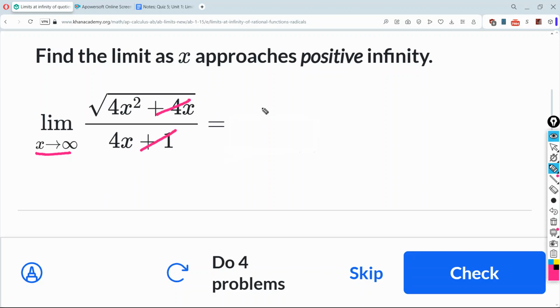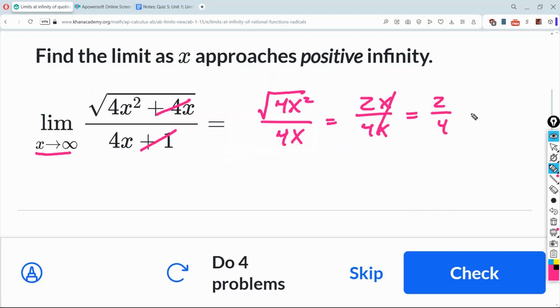Now, we have the square root of 4x squared, and that's divided by 4x. Square root of 4x squared is just 2x, and that's divided by 4x. The x's cancel, x over x, and we're left with 2 over 4, or 1/2.